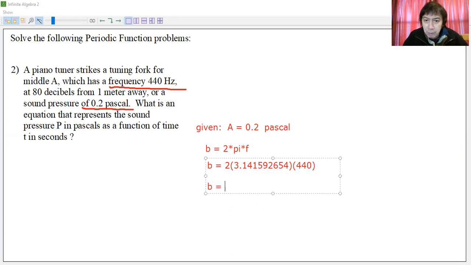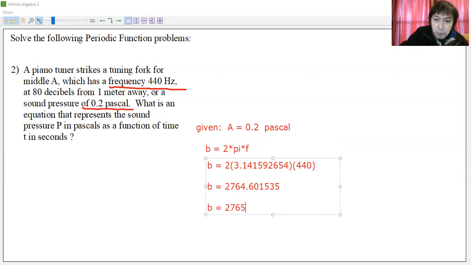So this will be 2 times pi times 440. This is equivalent to 2764.601535. Now we can round this to a whole number, 2765, okay? And so we have the amplitude, we have the B.